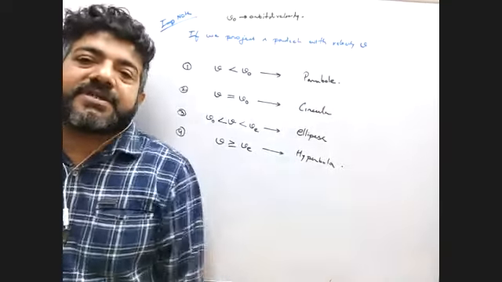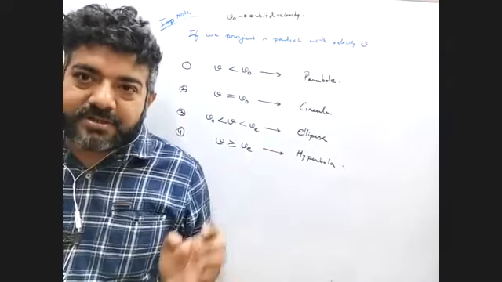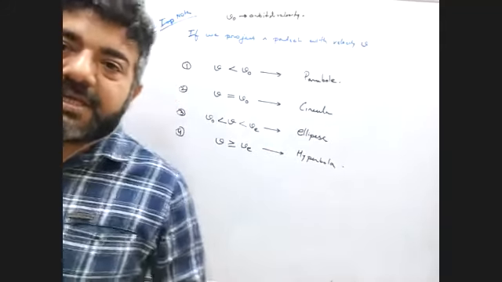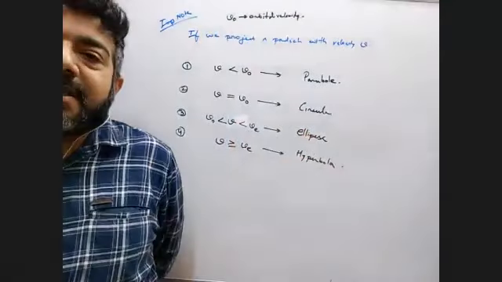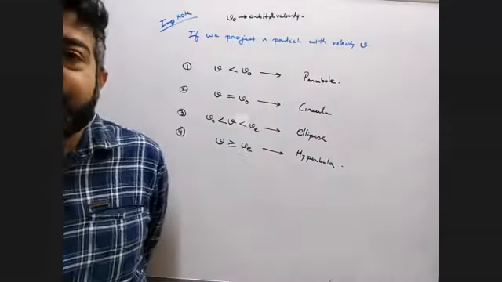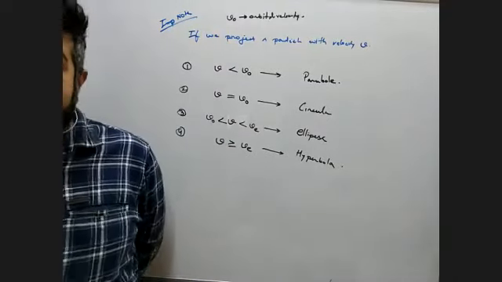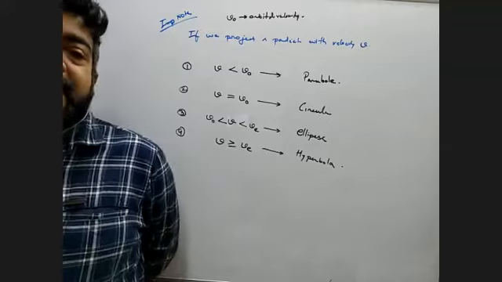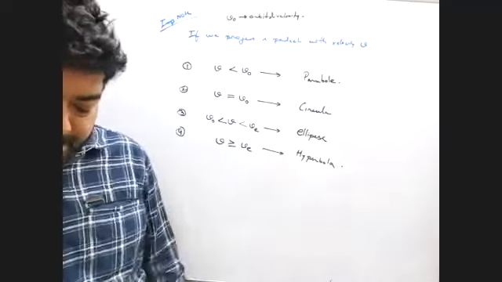So which type of motion it is depends on the nature of the velocity. If it is orbital velocity, then circular. If it is more than orbital velocity but less than escape velocity, then ellipse. If it is equal to or greater than escape velocity, then it is a hyperbola. Is it okay, everyone? Done?